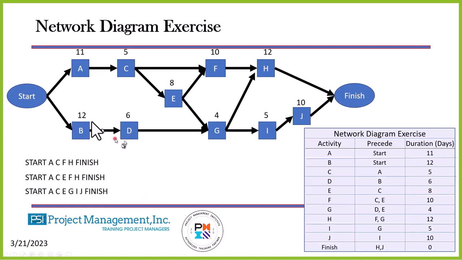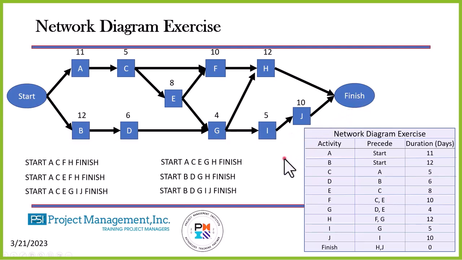Another path. Start A, C, E, G, I, J, finish. Then I have start B, D, G, H, finish. Plug it in. Then I have start B, D, G, I, J, finish. I have 6 paths for this diagram.